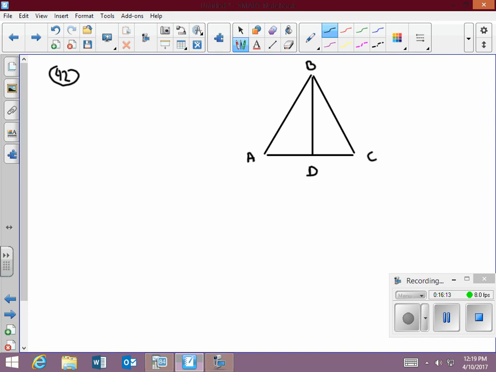The thing we're trying to prove is triangle ADB congruent to.